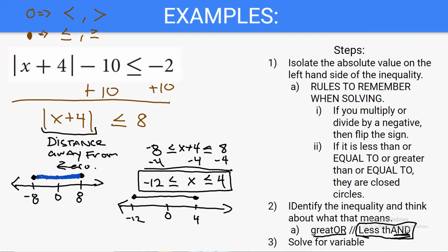Okay? That makes sense? If you isolated the absolute value on the left-hand side of the equation, and it's greater than 8, greater than or equal to 8, right? Then you're going to think greater, or it's going to be an or statement. So it's going to be pointing in opposite directions. Okay, that's a shorthand for what we're doing here.